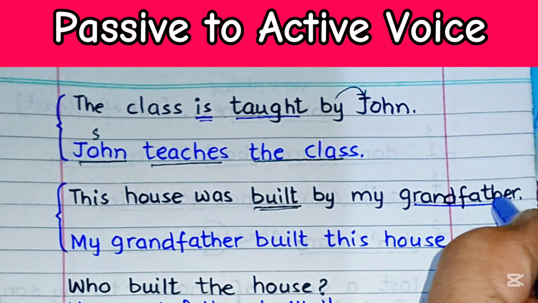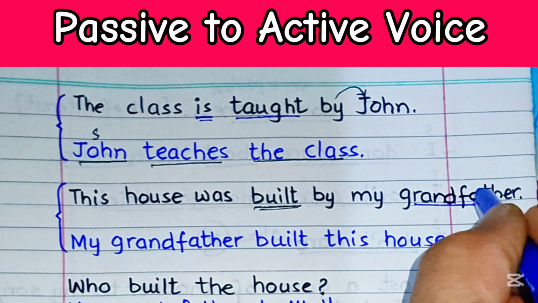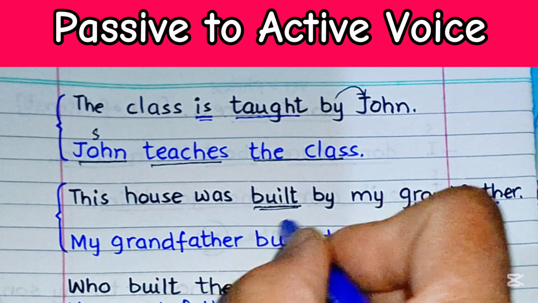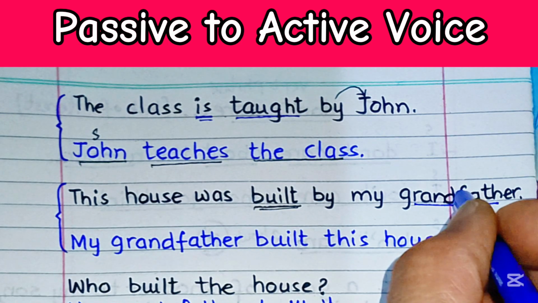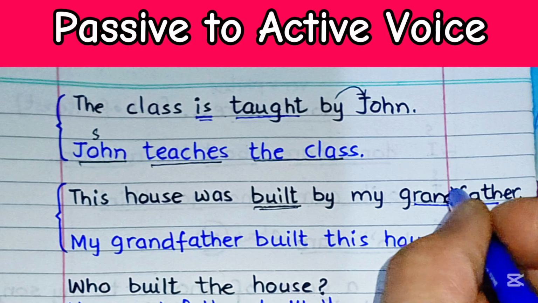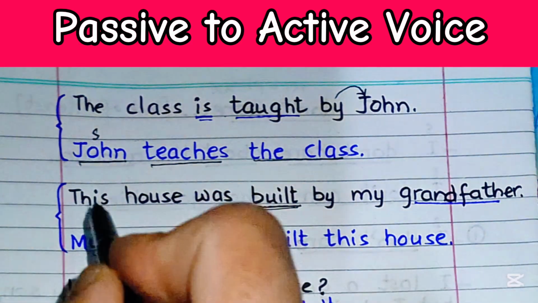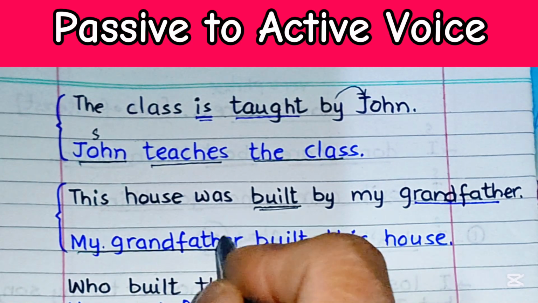This is the person who is doing the action. So to improve the sentence and put it into the active voice, this grandfather, that was the doer or the performer of the action, will go first. So we'll put it over here. It will go first in active voice.